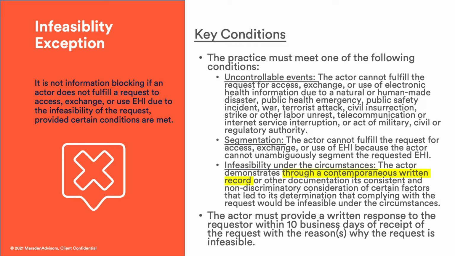This is where you end up if you go through the content and manner condition and you're still unable to fulfill the request. The most important thing here is that you must have a contemporaneous written record of the request and the reason that you couldn't fulfill it. And it must be implemented in a non-discriminatory manner. What does this mean?